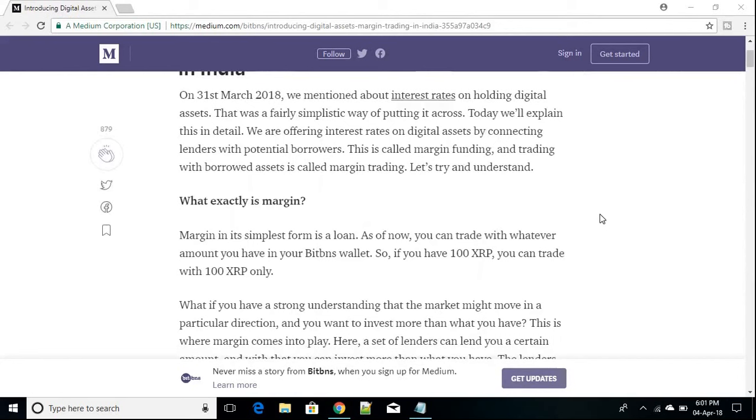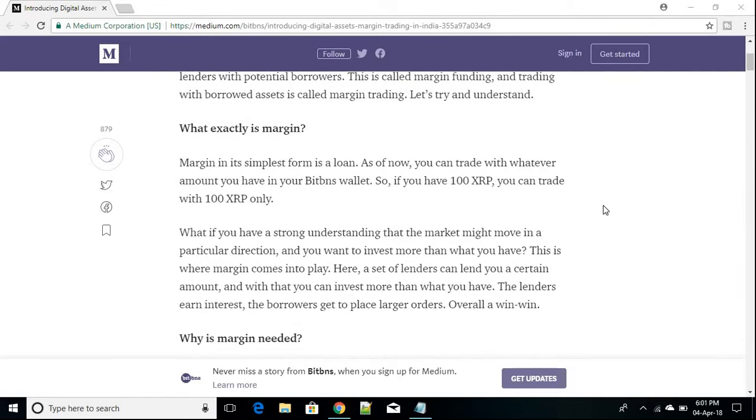So what exactly is margin? Margin is the simplest form of loan. If you have 100 XRP, like Ripple coins, and you want to trade 100 coins, where are the 100 coins going to come from? They said we are going to get the 100 coins by borrowing someone's 100 coins and giving them back at the end of the period, with the interest given for the 100 coins.